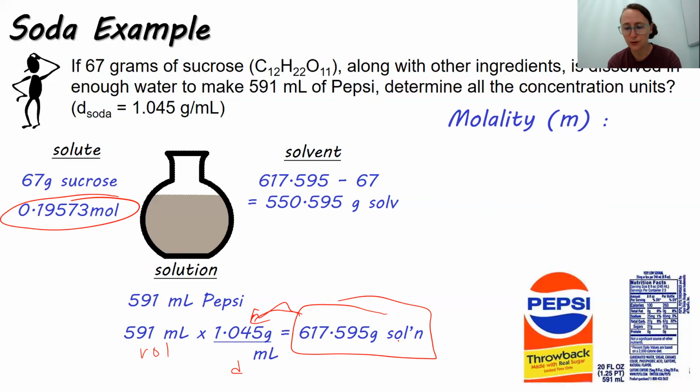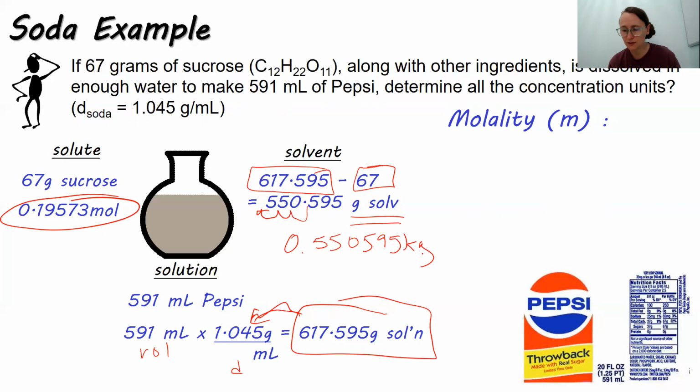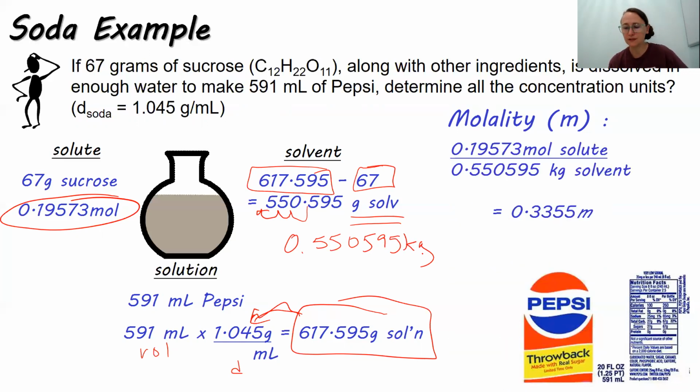If you take the total mass and subtract out the solute, then you're left with the solvent. And then you can convert this to kilograms by going back 3 spaces, dividing by 1,000. So you have 0.550595 kilograms. And when you do the solute over the kilograms of solvent, you get 0.3355 moles.